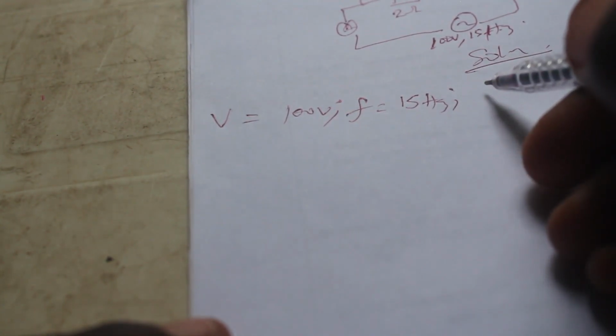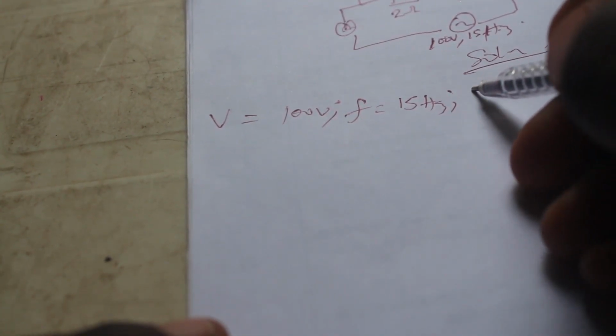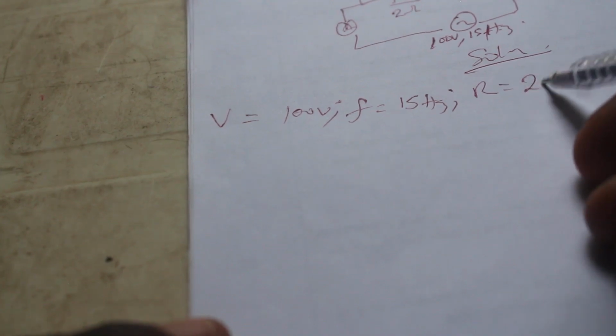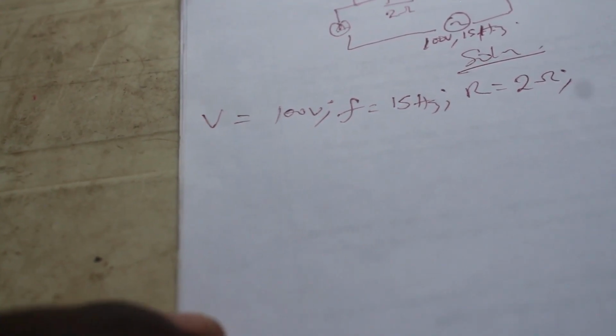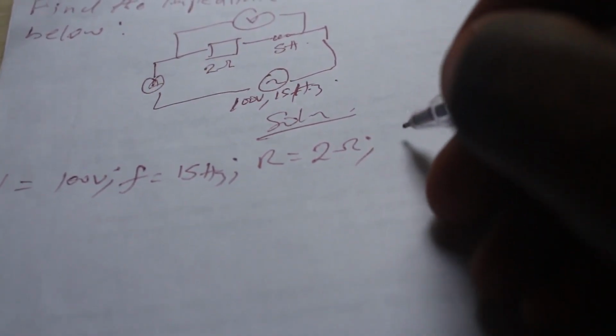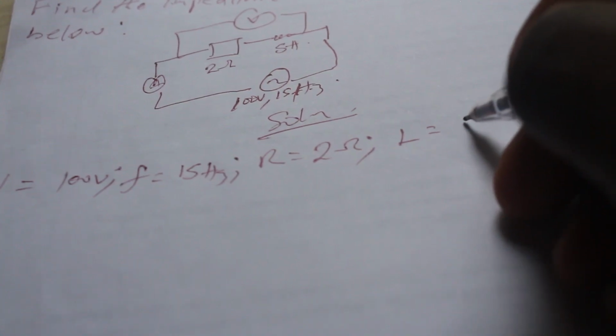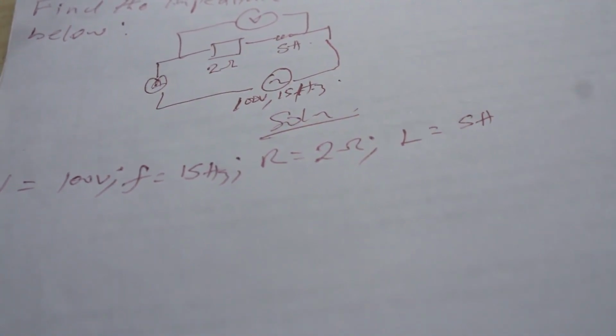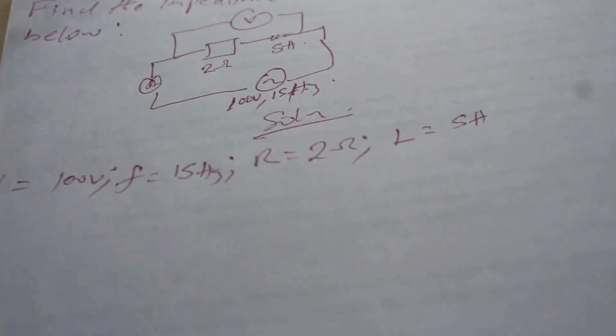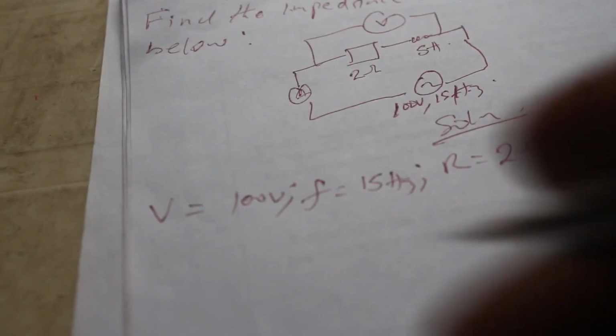What else? The resistance of the resistor is 2 ohms. We have the inductance of the inductor, and it's 5 Henrys. I think that's all.